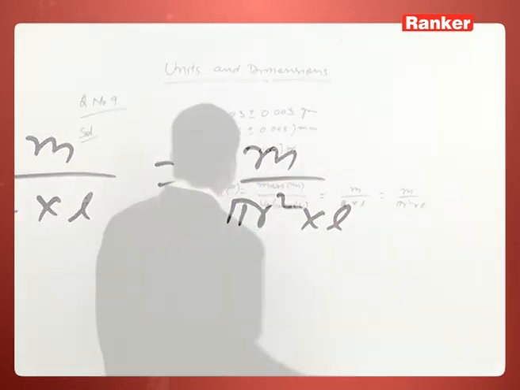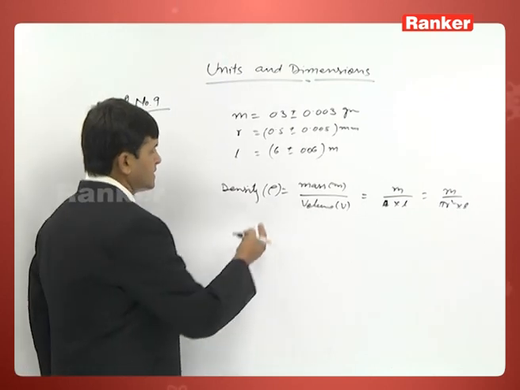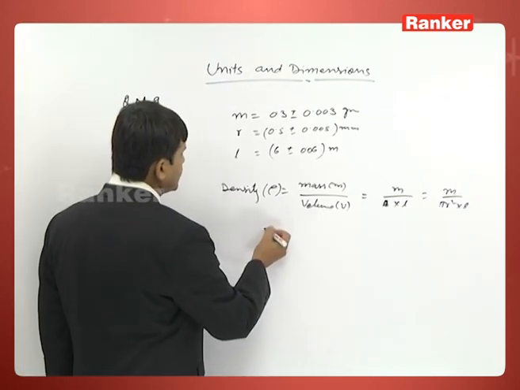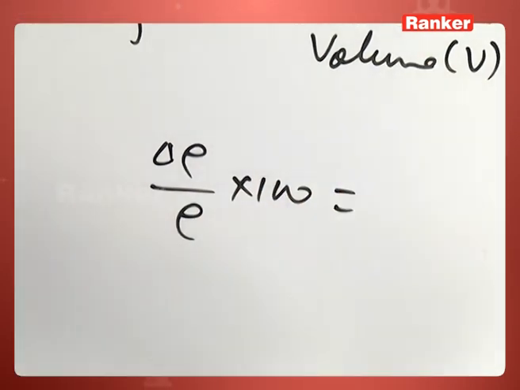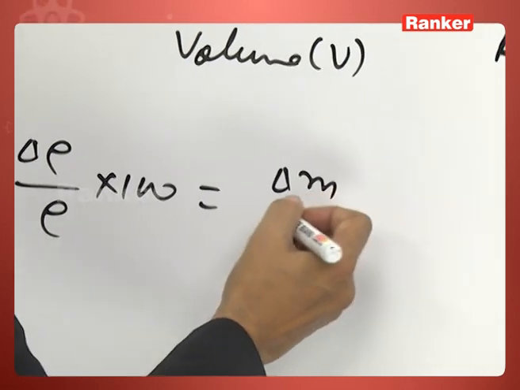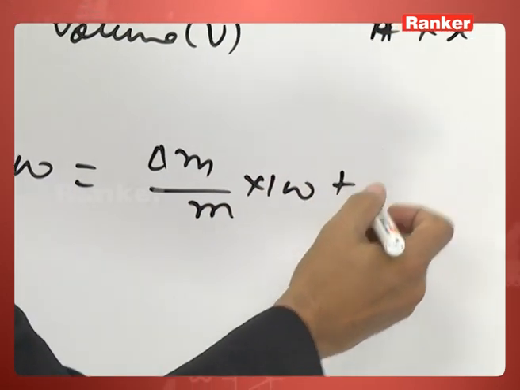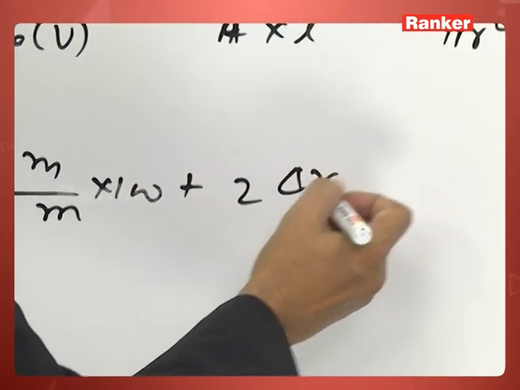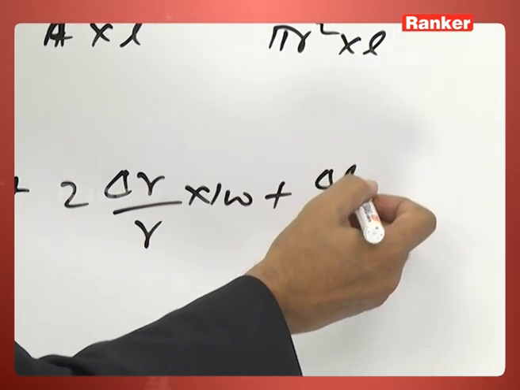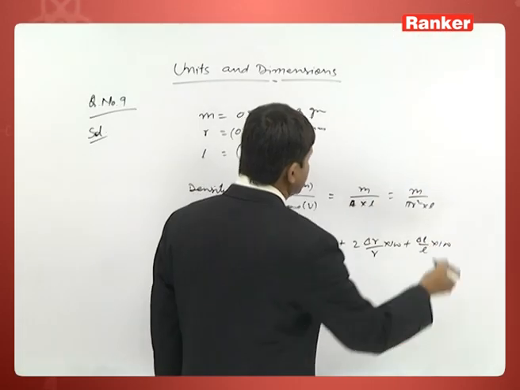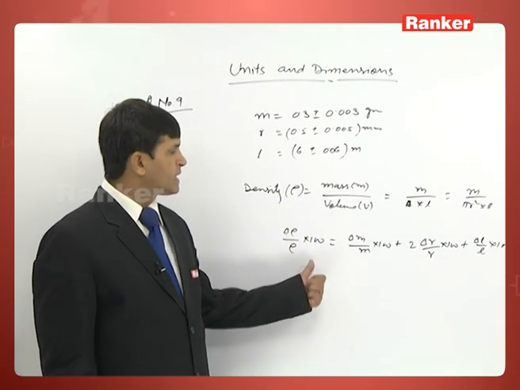So the percentage error in the density is the percentage error in the mass plus 2 times delta r by r into 100 plus delta L by L into 100. This relation we can use to get the error in the density.